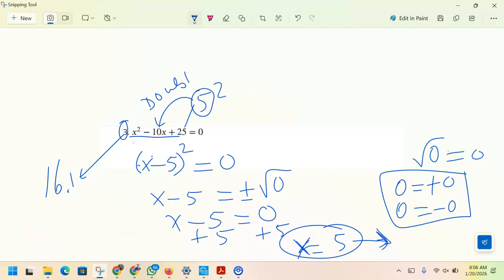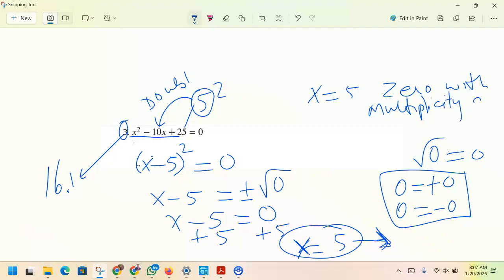And also it is repeated. Another way to say that is x equals 5 is a zero with multiplicity 2. Those of you who forgot: that means there is a square, see? So there was this 2. Because of this square, or you can say it is x minus 5 and x minus 5, so repeated.